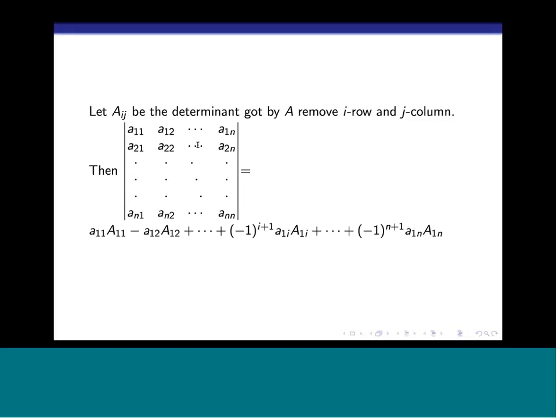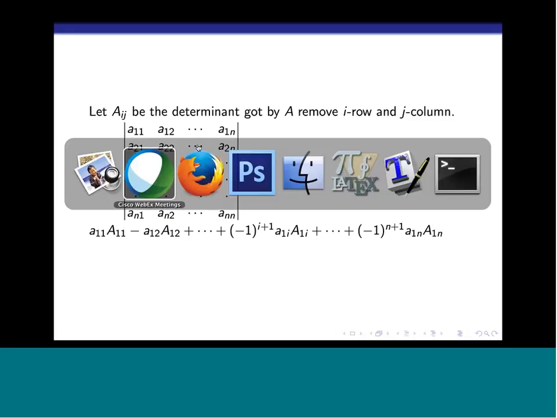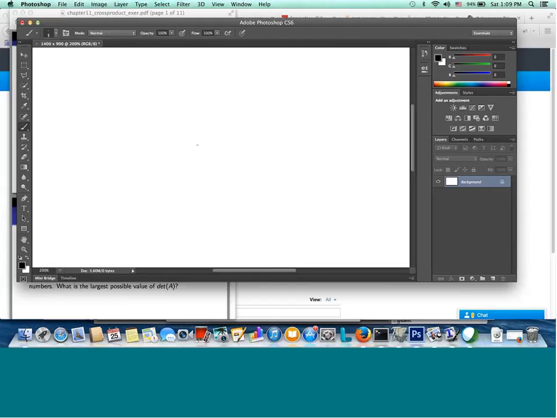So every entry A_ij, like A11, A12, and so on.